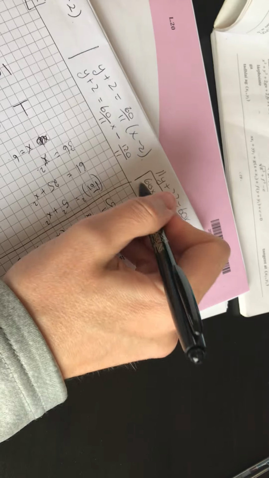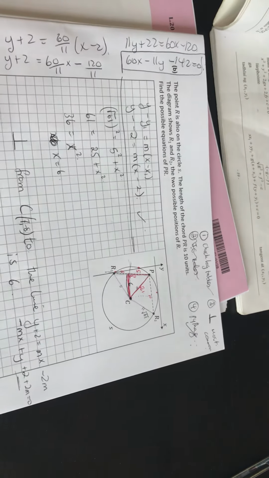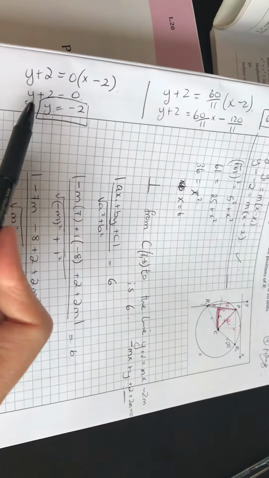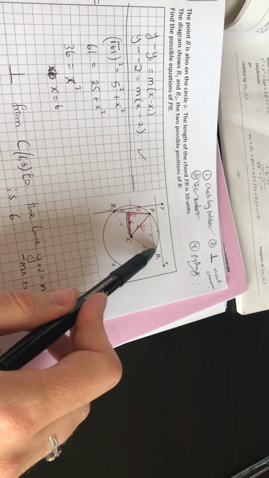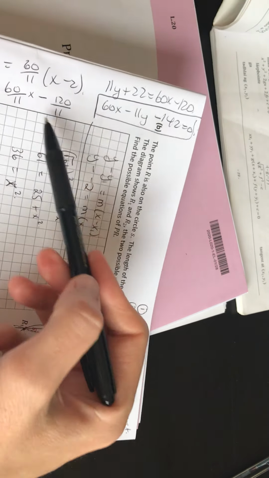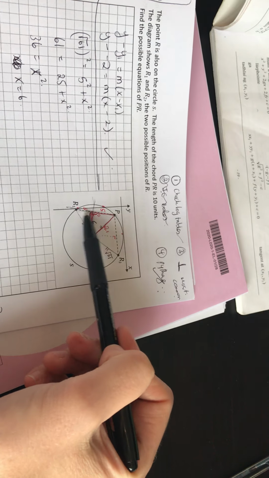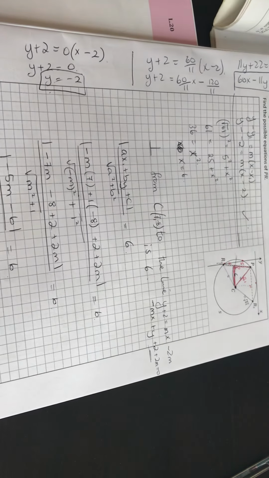There's my second equation. So that one, look, that one there looks to be the equation of this line here, and that one here looks to be the equation of this one here. Very long problem solving question.